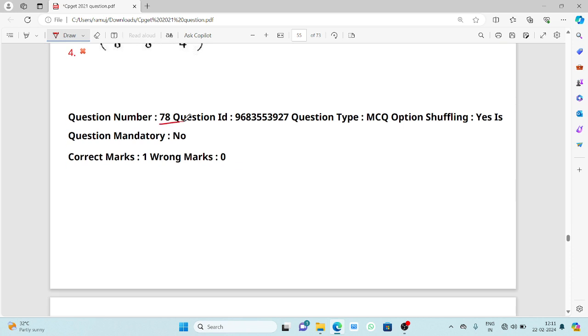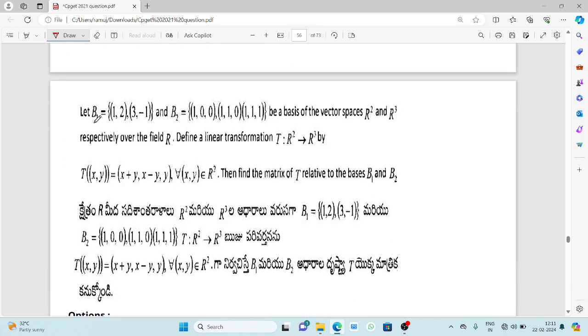So the 78th question is: let B1 and B2 be bases of the vector spaces R square and R cube, and define a linear transformation T from R square to R cube. He is asking to find the matrix relative to the bases B1 and B2.